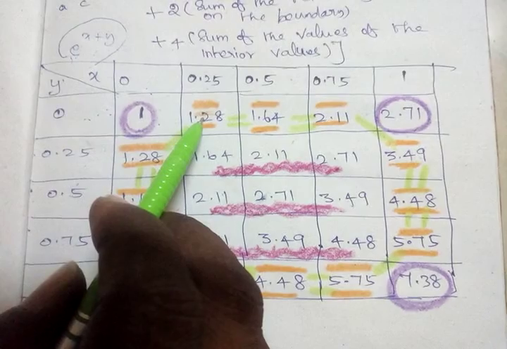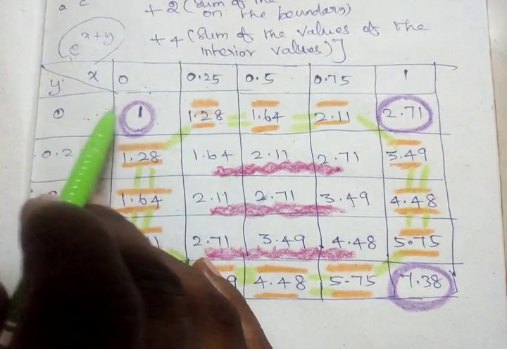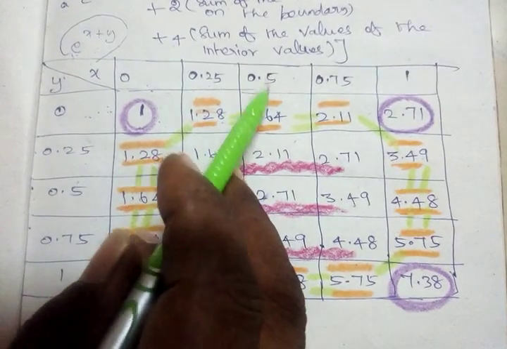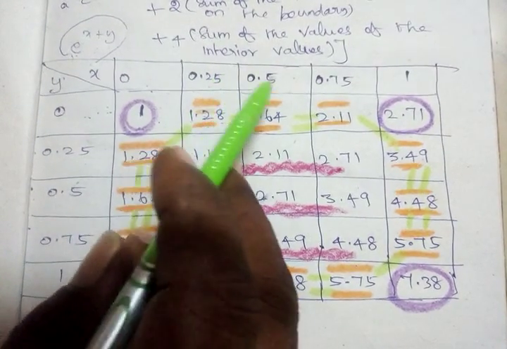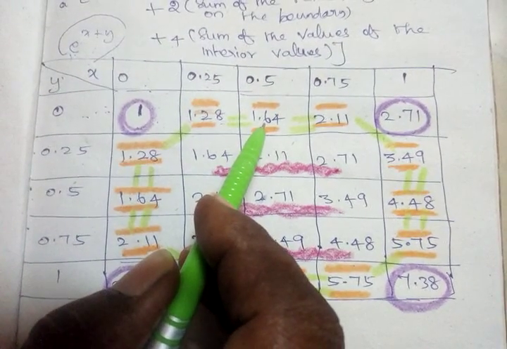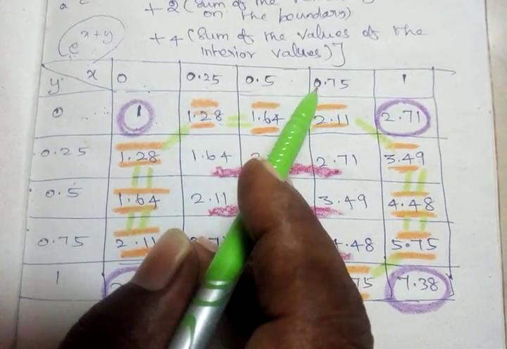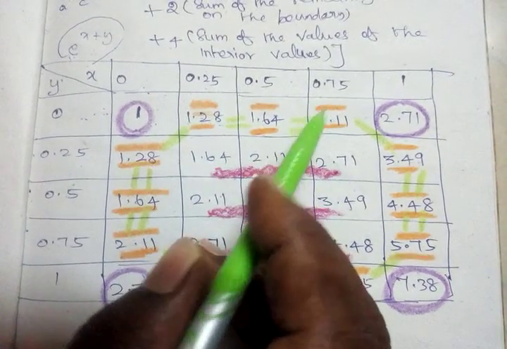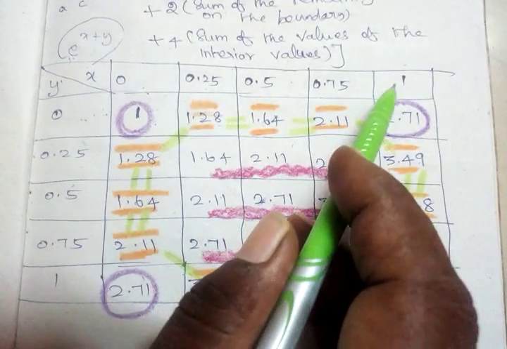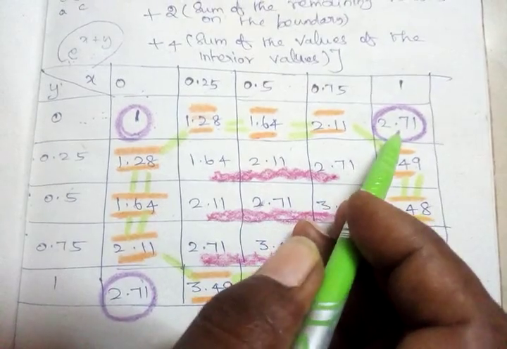The answer for e power 0.25 is 1.28. Go to the next one. Keep y as 0 and x as 0.5. Add these two values, 0.5, so e power 0.5, and the answer is 1.64. The next value, 0 plus 0.75, e power 0.75, the answer is 2.11. And finally 0 plus 1, e power 1, which will be 2.71.